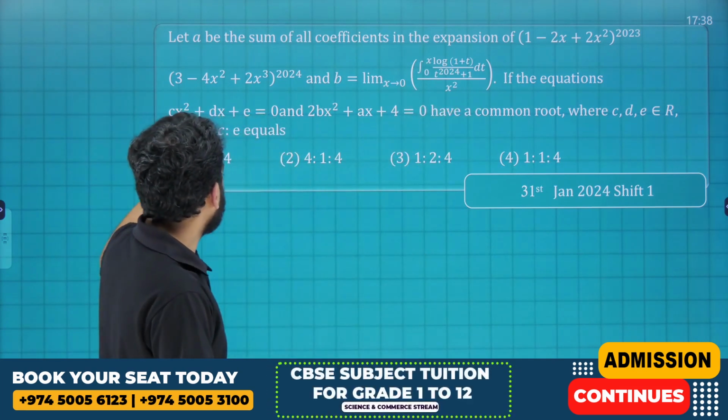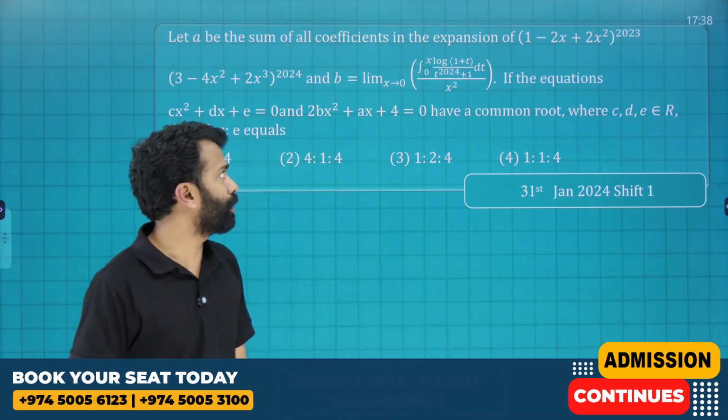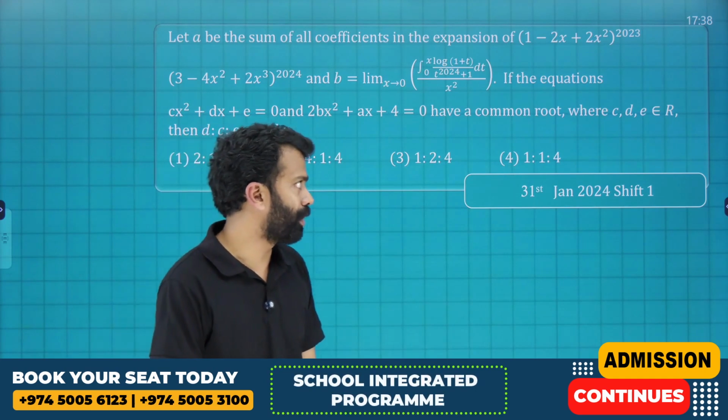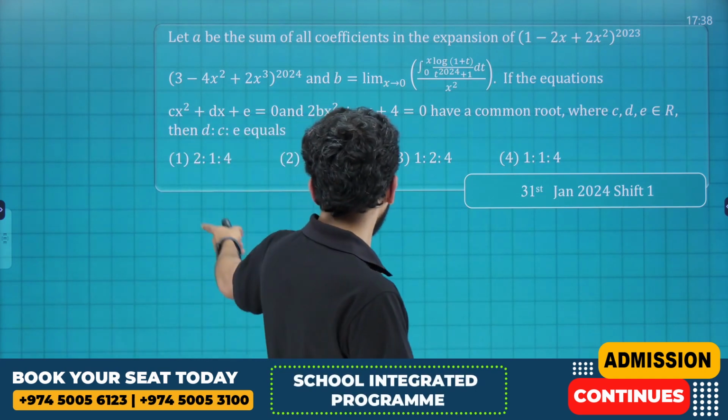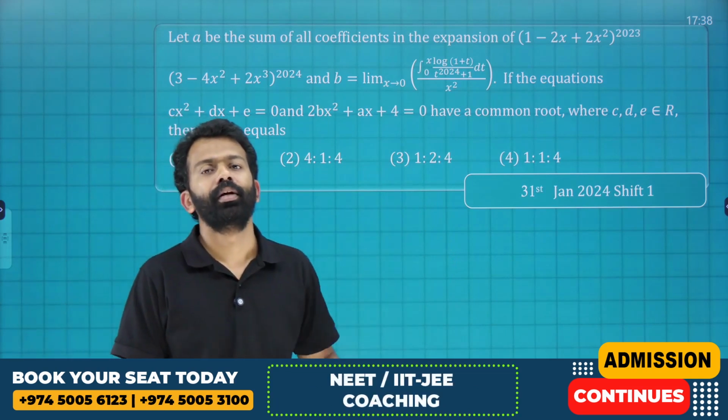And the equation cx square plus dx plus e is equal to 0 and 2bx square plus ax plus 4 is equal to 0 have a common root where c, d, e element of R. Then you need to find the value of the ratio d is to c is to e.